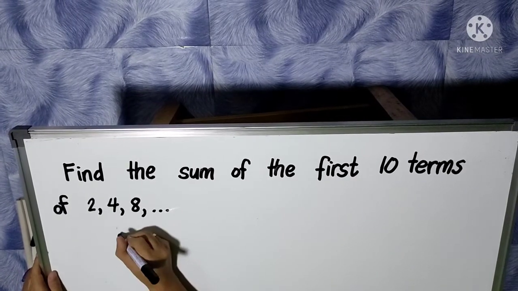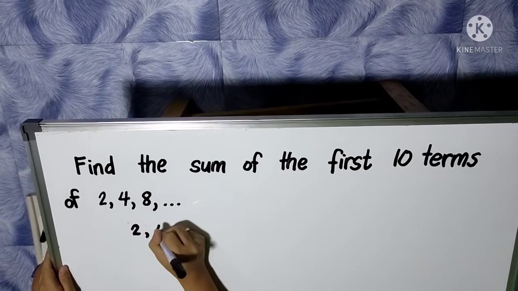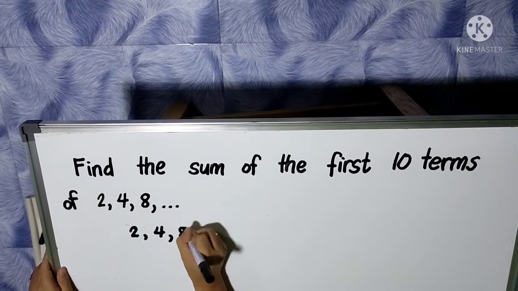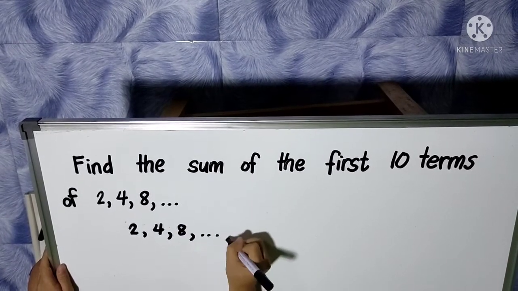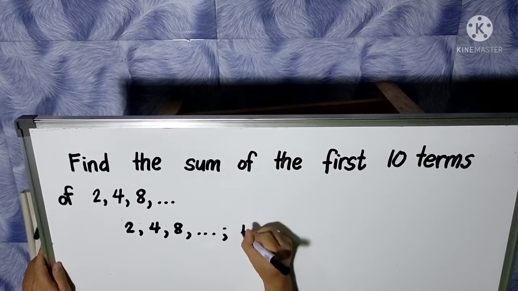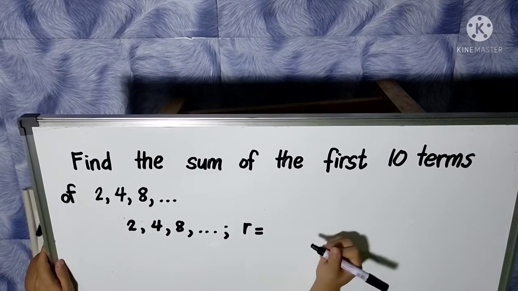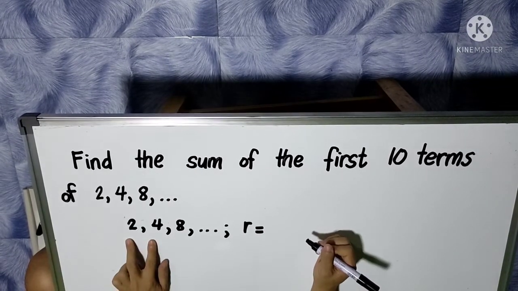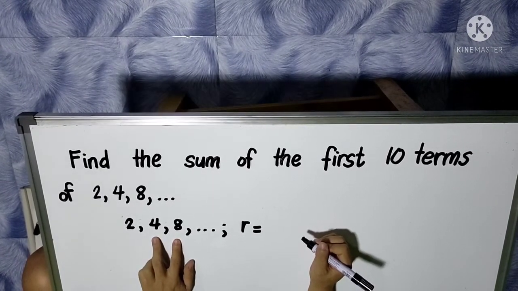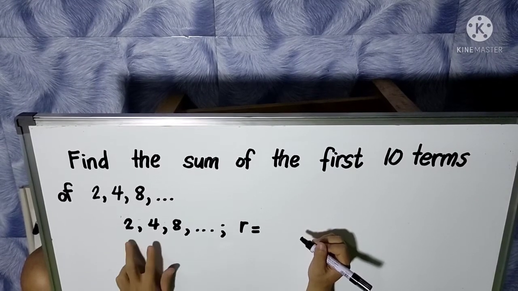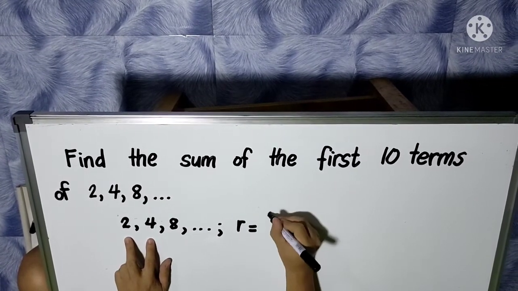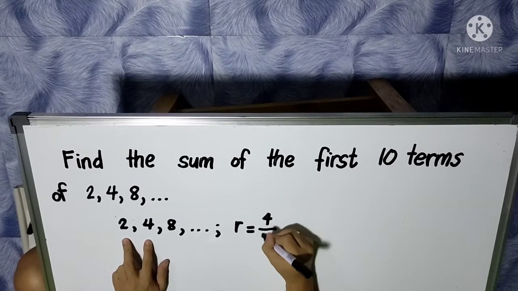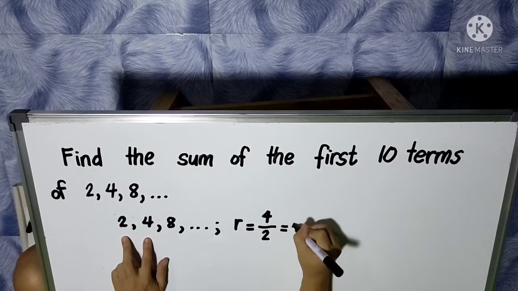So, 2, 4, 8, and then we solve for r. Just choose any 2 consecutive terms of the sequence. In my case, I will be choosing 2 and 4. So r is equal to 4 divided by 2, which is equal to 2.